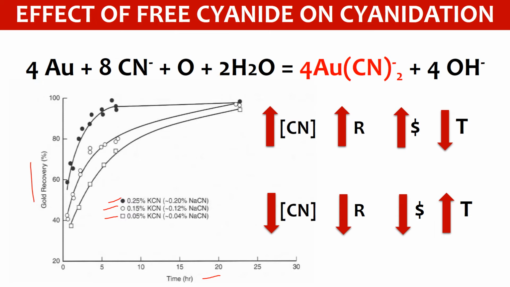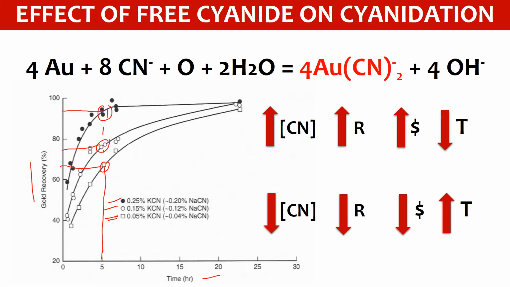We can see that at, let's say, 5 hours, the gold recovery for your 0.5% cyanide is approximately maybe 65 percent. At the same time, the gold recovery for your 0.15% is maybe around 75%. And when you're using 0.25%, you can see that your gold recovery is maybe around 95%.